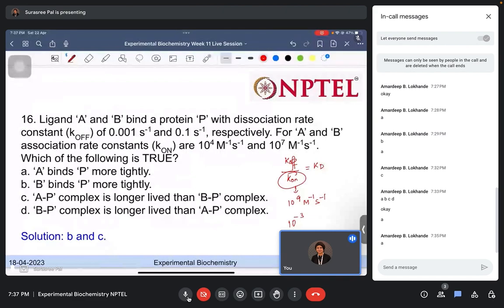Divided by 10 to the power 4, which is for A. For B, which is 10 to the power minus 1 divided by 10 to the power 7. So from here, we can have an idea of the KD.